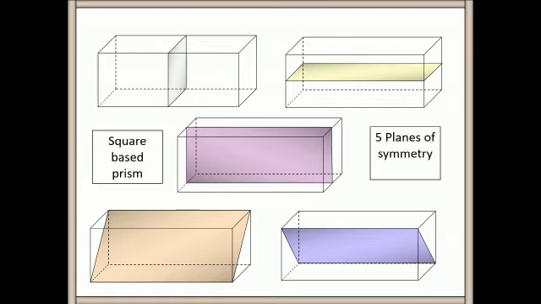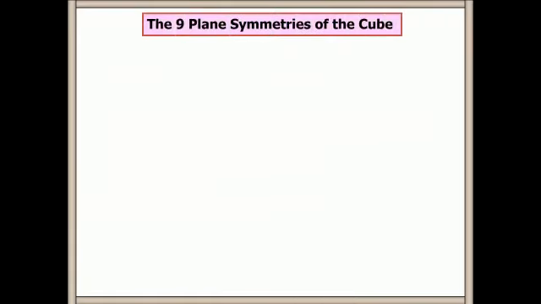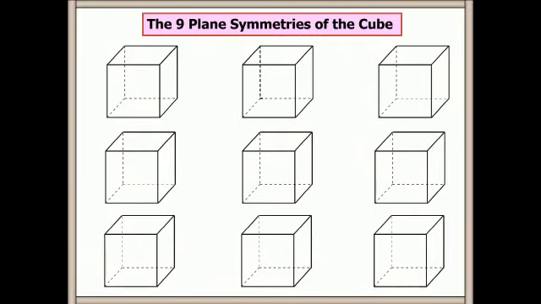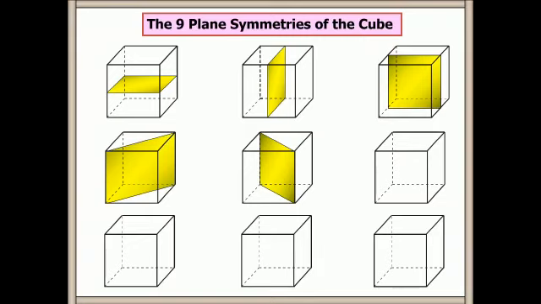Okay, next one. It's a special case. It is a cube. Cube means all sides and all faces are equal. Only the cube has 9 planes of symmetry. Here is how we cut the 9. Same as the cuboid and square based prism, we can cut lengthwise, heightwise and widthwise, and here diagonal-wise like the square based prism.